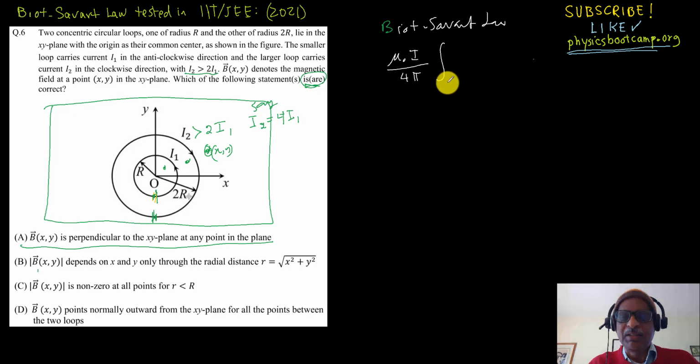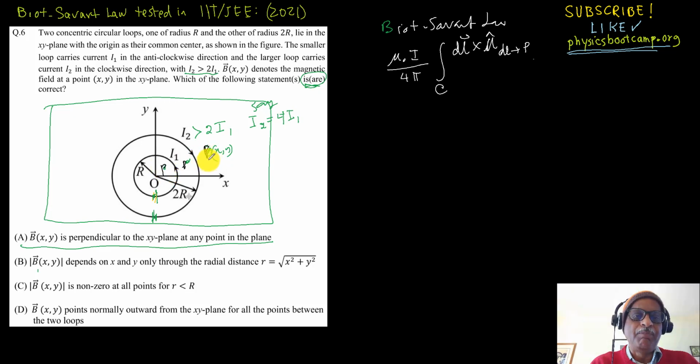It's going to be the integral over the circuit of dl cross u hat, where dl is the element to that point P. So this is point P, could be here, could be here, say P1, P2, P3, could be a point here. And then over r squared, where r is the distance from that element dl to P.